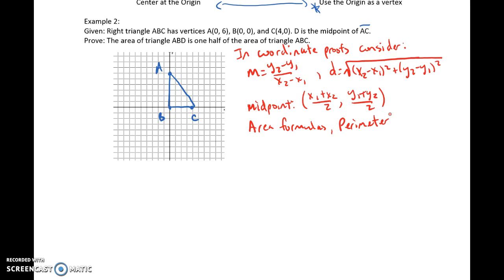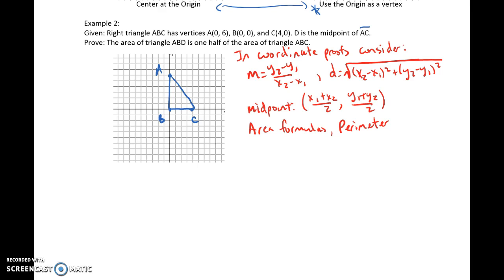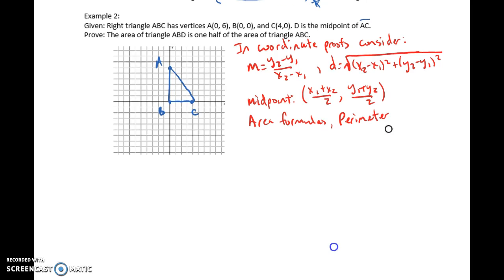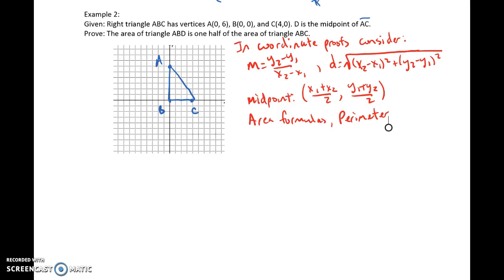And you'll want to reference these formulas as you're using them in your coordinate proof, kind of like what we were doing before. So I'm okay if you don't do this in a 2-column proof. I personally prefer a paragraph type proof here, but what's important is you show me all your work.